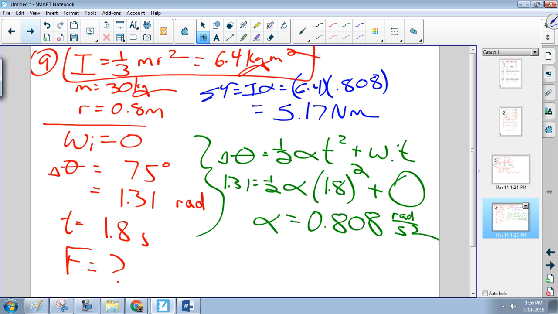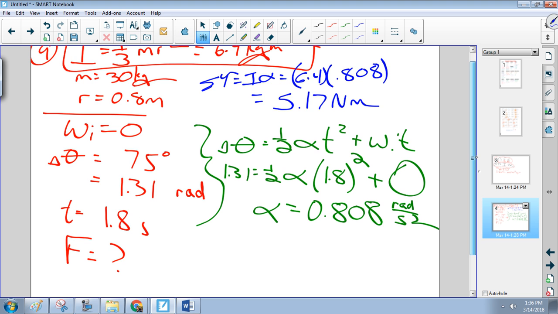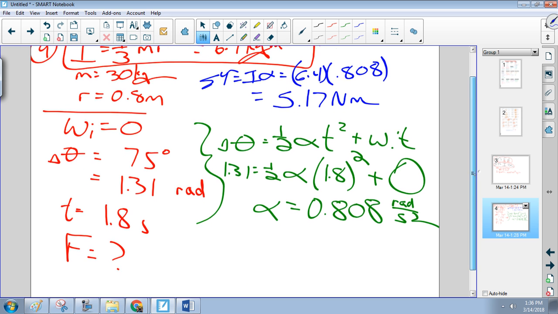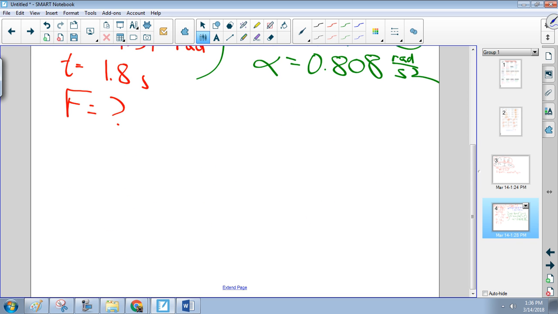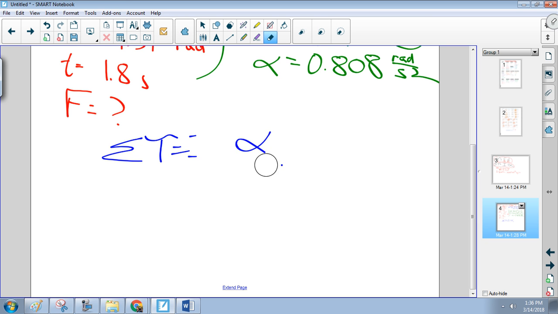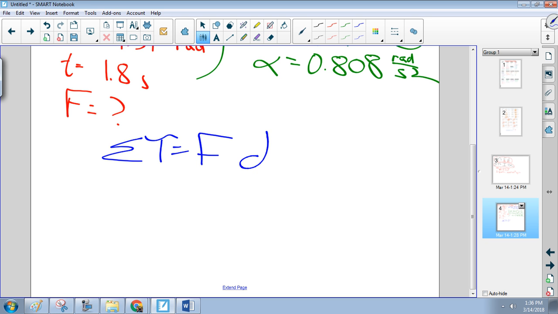Everybody cool up to there? All right, so now we are almost done because we can just do our one last step. Net torque is I alpha. We just, no, try again. We already did that. We got to use the other one. Net torque is F times d. So our net torque we just found is 5.17 Newton meters.